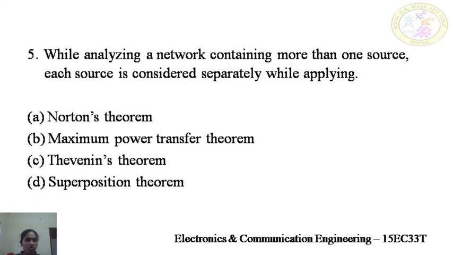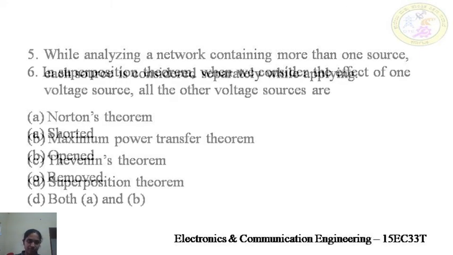Fifth question. While analyzing a network containing more than one source, each source is considered separately while applying option A Norton's theorem, option B maximum power transfer theorem, option C Thevenin's theorem and option D superposition theorem. The correct answer is option D superposition theorem.